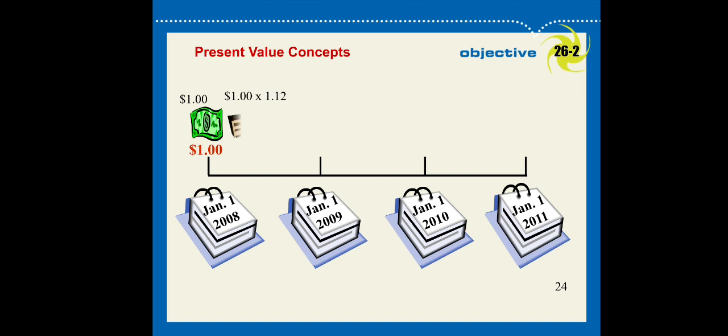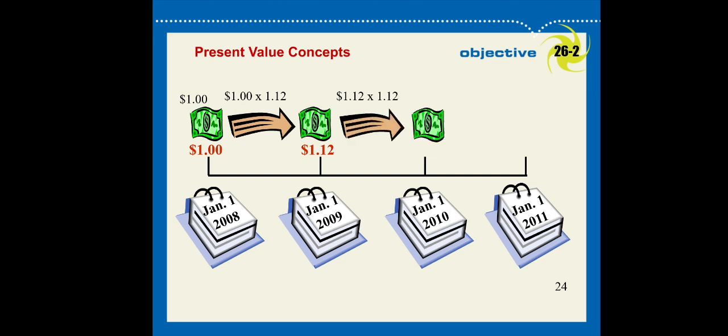So see here, this is about the present value concept. It shows here, if a person invests $1 on January 1st, year 2008, and the interest is 12% per year, the thing that will happen is like this.